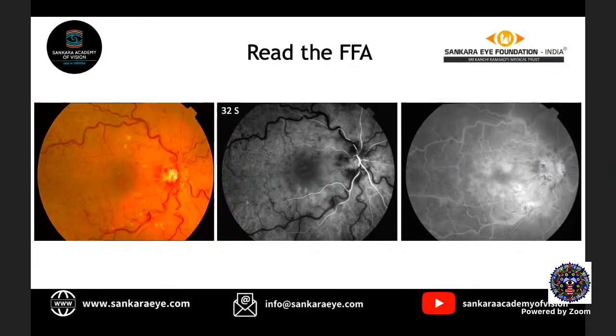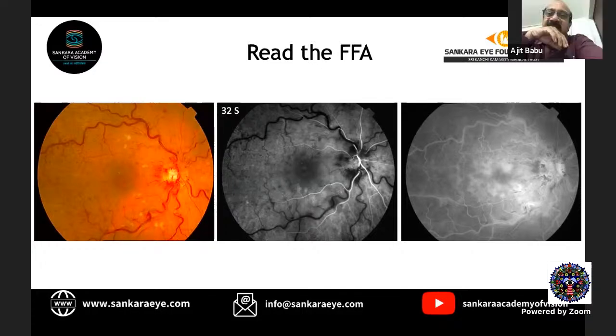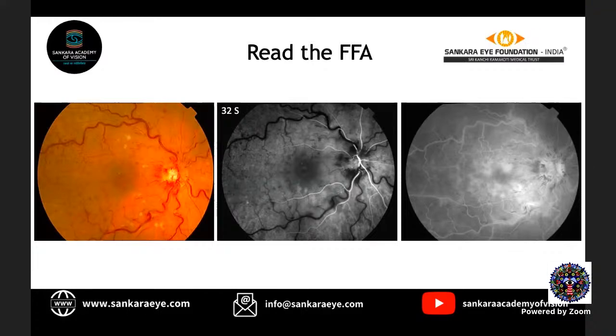This is the right eye fundus fluorescein angiogram. In this, we can see the veins are dilated, and this is the early arterial phase. The veins are not perfused still.